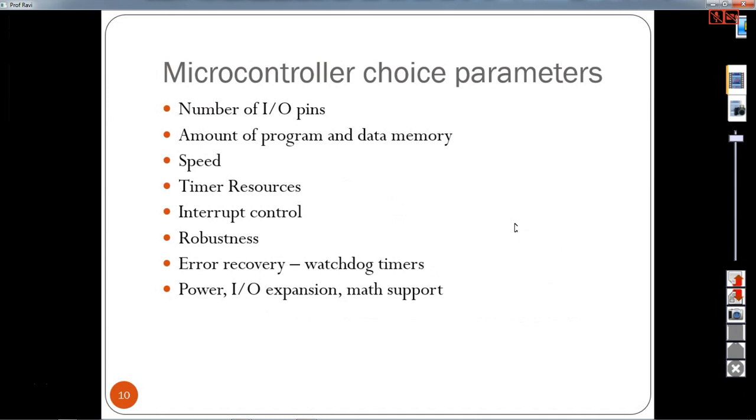So this is the Harvard architecture, where you have a separate address bus for program memory, a separate address bus for the data memory to locate the data, and separate data lines to bring the data into your CPU, and separate data lines to bring your instructions to the CPU.